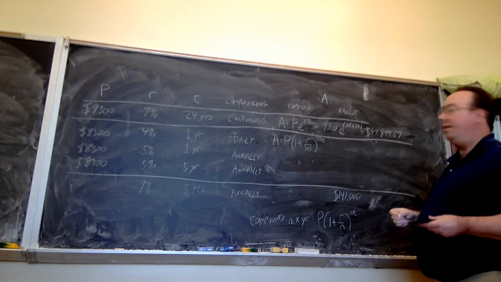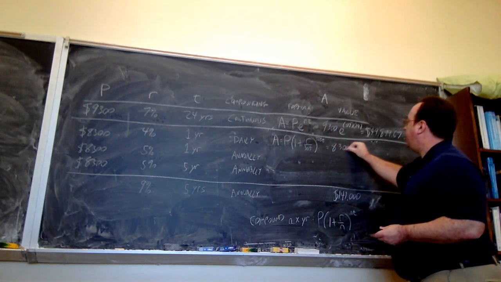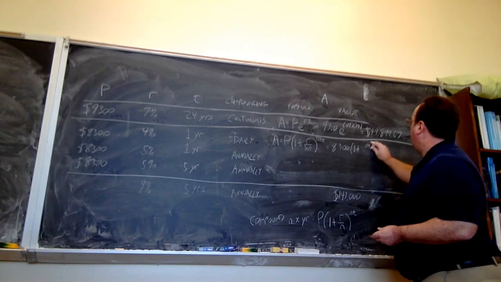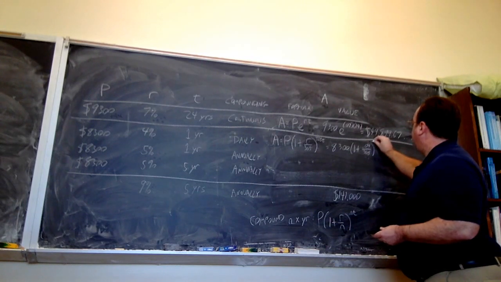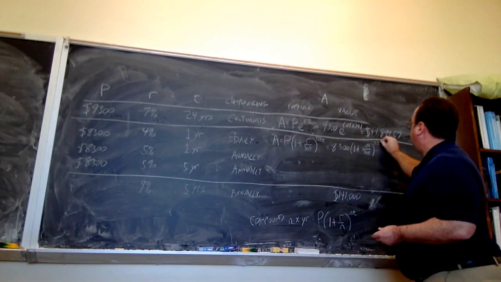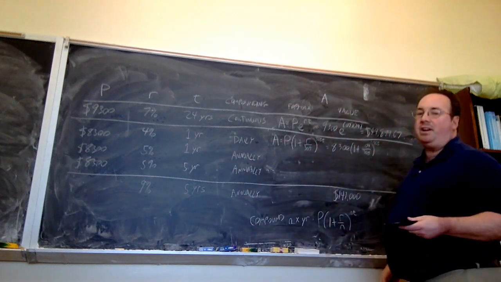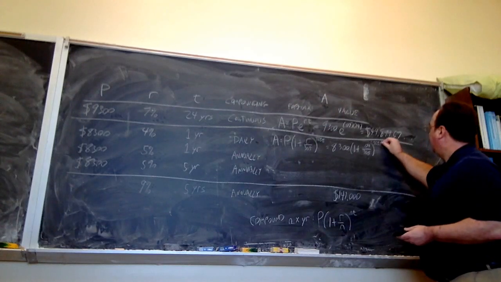So then you go ahead and fill in the numbers. 8,300 for P, and then 1 plus 0.04 over 365 to the 365. We can pick any value of time really, so we'll just pick for convenience 1 year, t equals 1.